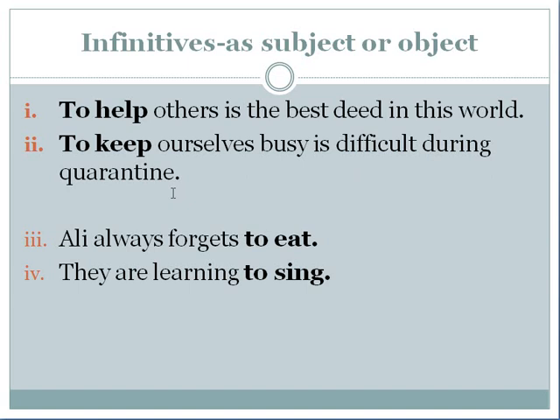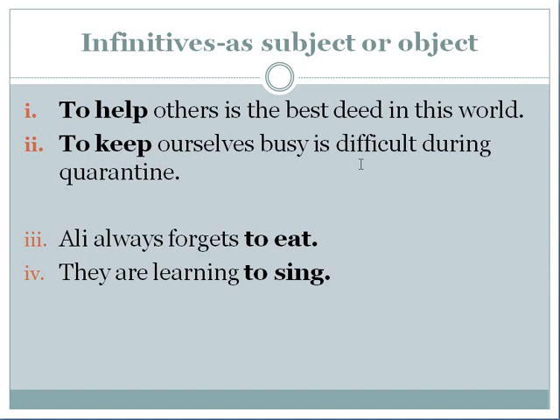To help is playing the role of subject here, and it is coming at the start of the sentence, and it is to plus base form. So this is called an infinitive. To help others is the best deed in this world. Next, to keep ourselves busy is difficult during current time. Again, I have used sentences that are reality actually.